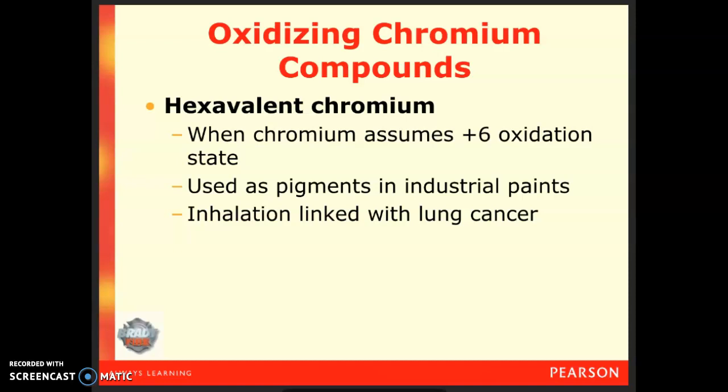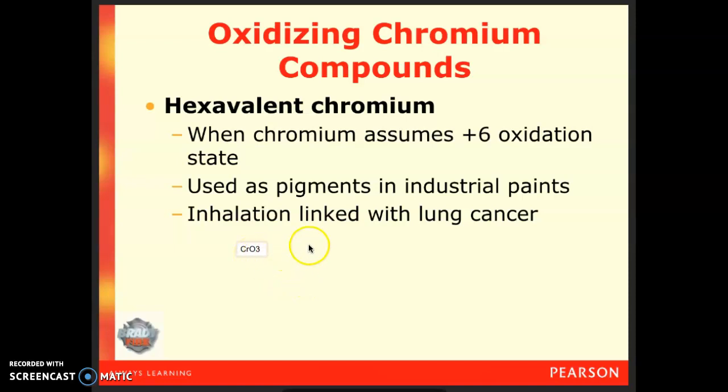Now, chromium compounds, in particular hexavalent chromium, chromium that is in the positive 6 oxidation state, most commonly found as the chemical formula CrO3, chromium 6 oxide. This particular form of chromium has a number of different uses.